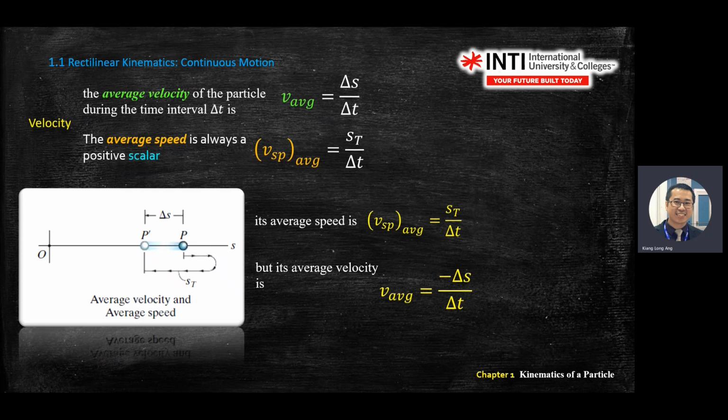You take this one minus this one, so it's a bit shorter. So you get a negative sign there. So there's a difference. If the question asks you to find speed, or if the question asks you for velocity, there's a different answer. Okay, take note of that. Don't simply use speed in your answer and also velocity.